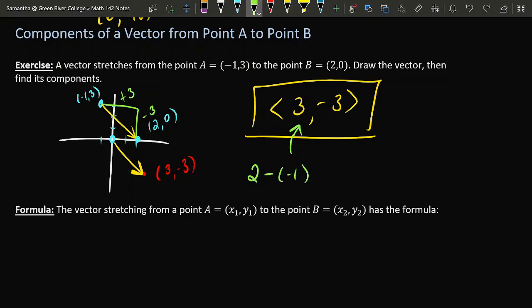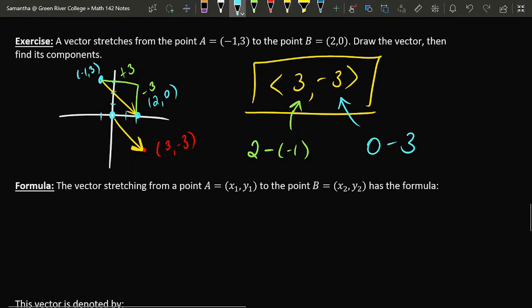The difference between those two is equal to our x component. Likewise, to figure out the y component in our answer, we can take the y of our final position and figure out the difference between that and the y of our initial position. 0 minus 3 would give us this y equals -3.